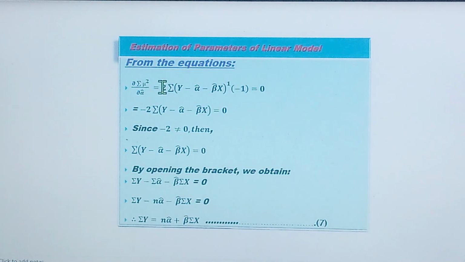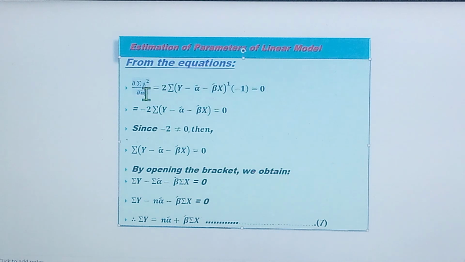So the power, which is 2, is multiplied by everything raised to the power 2 minus 1, and 2 minus 1 gives us 1, then times the coefficient of the alpha cap we are differentiating with respect to. If you come here, you see that its coefficient is minus 1. That's why we multiply it by minus 1, and everything equals 0.